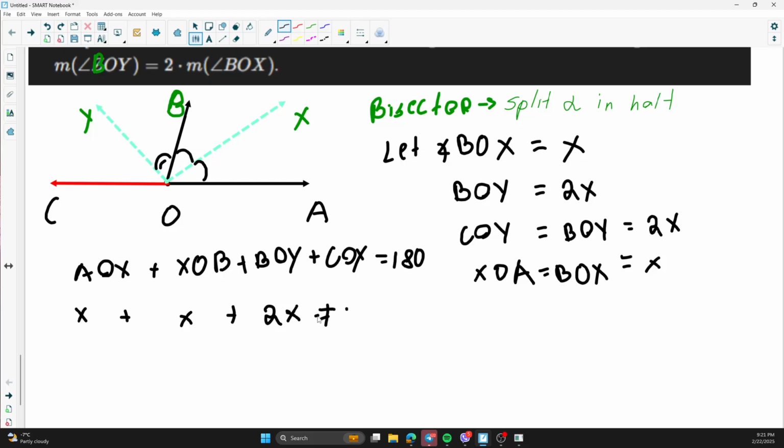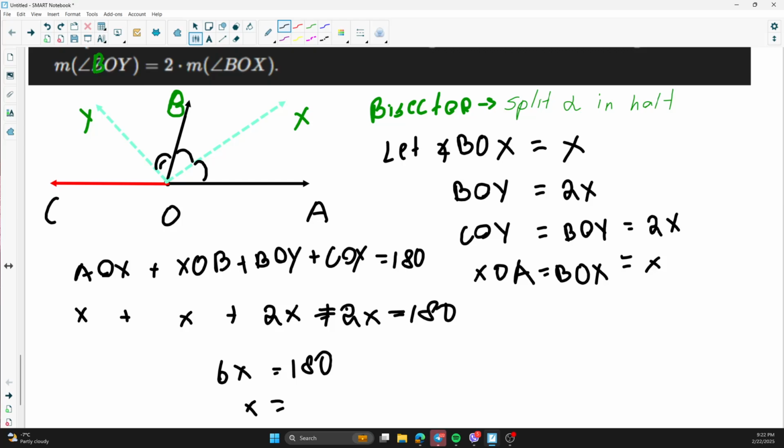So x plus x plus 2x plus 2x equals 180. x plus x is 2x, plus 2x is 4x, plus 2x again is 6x. 6x equals 180, which means x will be 30.